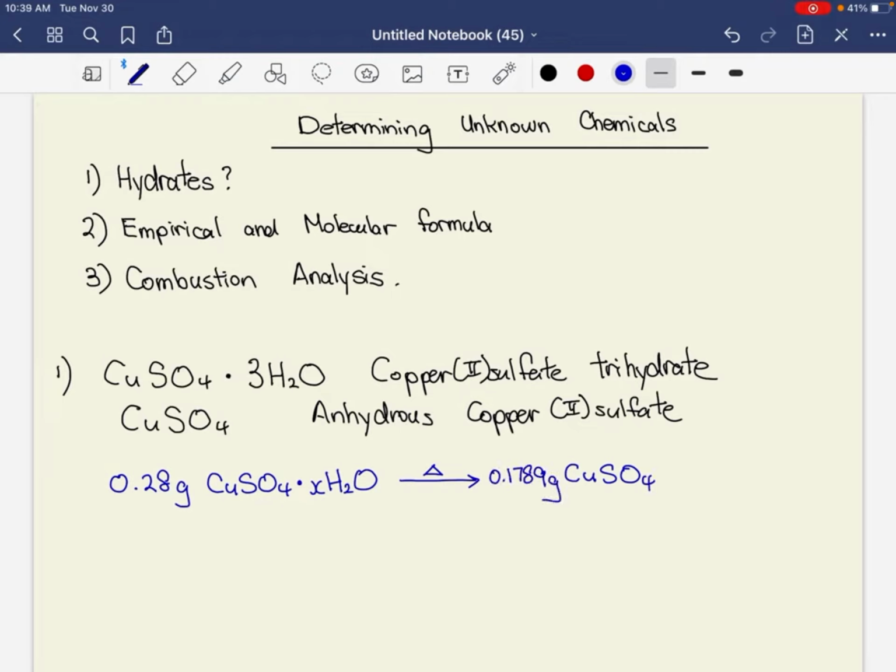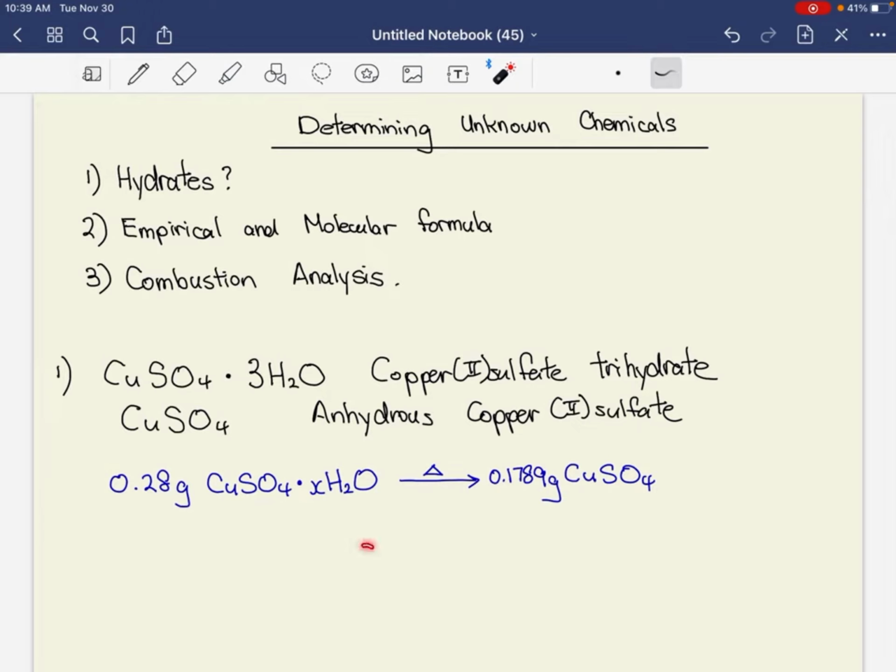So obviously what happened here is that from the 0.28 grams of copper 2 sulfate, something hydrate, some of the water got evaporated. How much? Well, 0.1011 grams of water was evaporated, because what I have left is anhydrous copper sulfate that is 0.1789 grams.